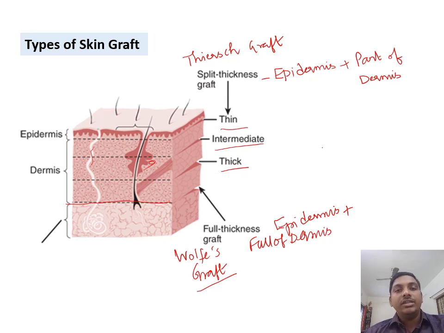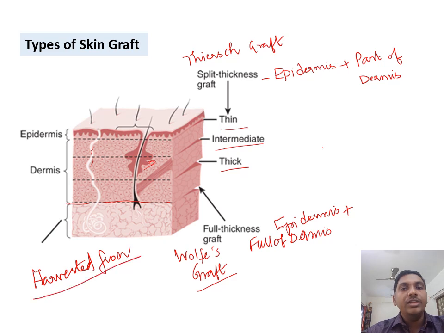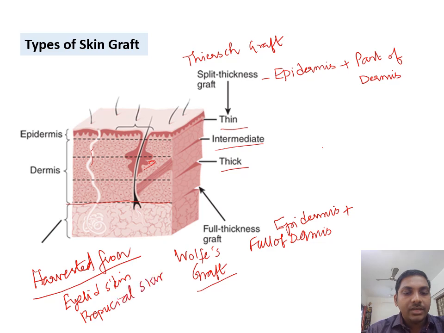Whereas a full thickness skin graft is usually harvested where the skin is very loose, like the eyelid skin, upper eyelid skin, and prepucial skin, and wherever there is a crease, like the nape of the neck crease, elbow crease or groin crease. Wherever creases are there, a full thickness graft can be taken.